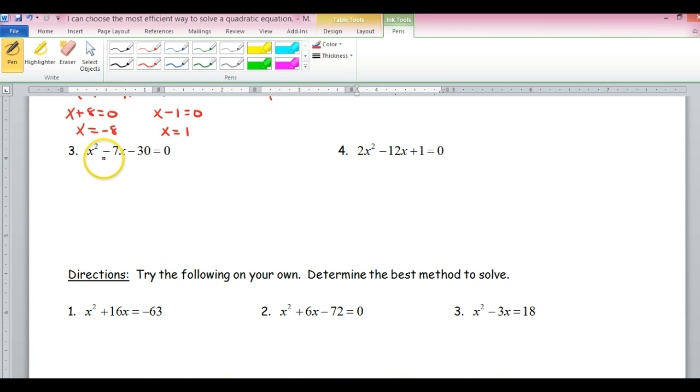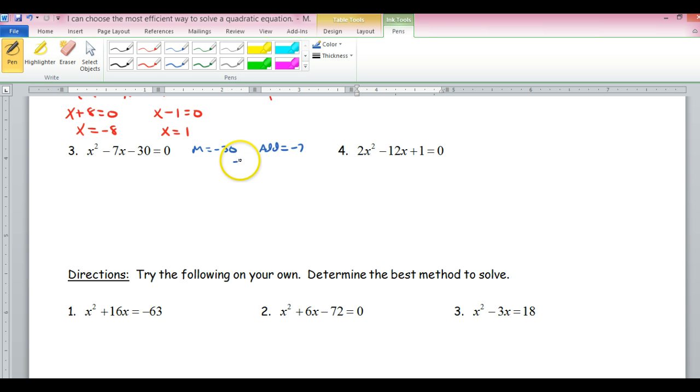Number 3. When I look at this example, it is already set equal to 0. I have an x squared term, I have a bx term, and I have a constant, which means the square root method is not possible. So the next thing I look at, this is a problem we should be able to look at and determine if it's factorable right away. So I say, are there any numbers that multiply to give me negative 30 and add up to negative 7?